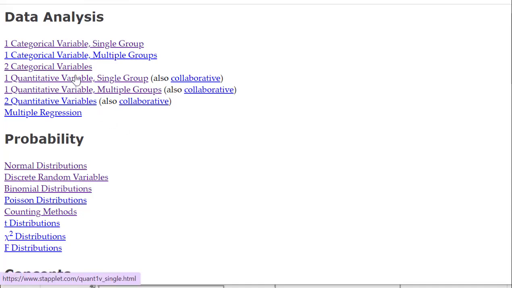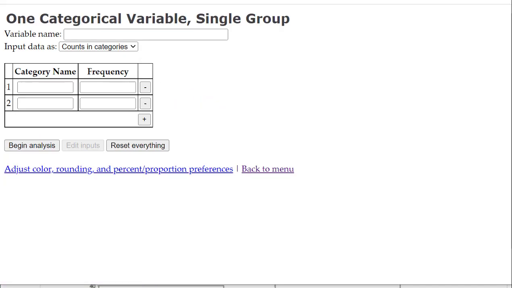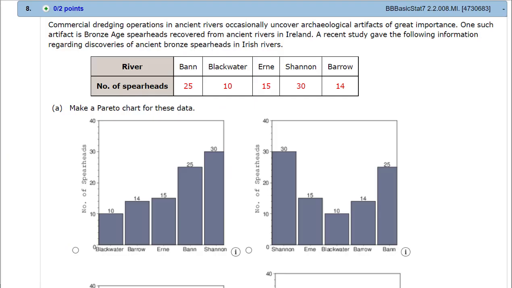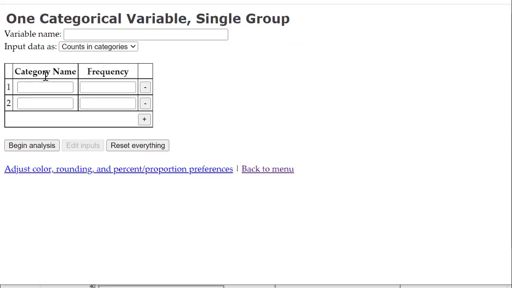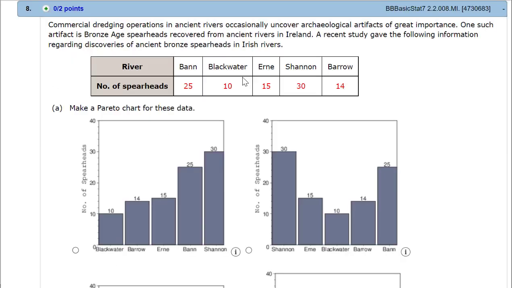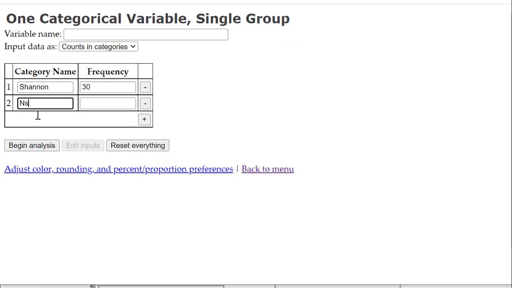So we have one categorical variable, just one group of data. And we're going to look, what was the highest value here? It was Shannon, whatever that is. So I'm going to type in Shannon, and there are 30 of those. All right. And then the next highest one was 25 for Bonn, B-A-N-N.